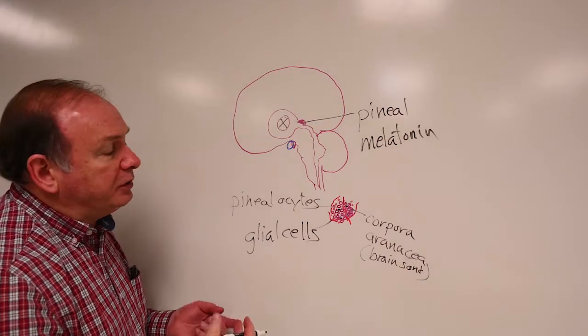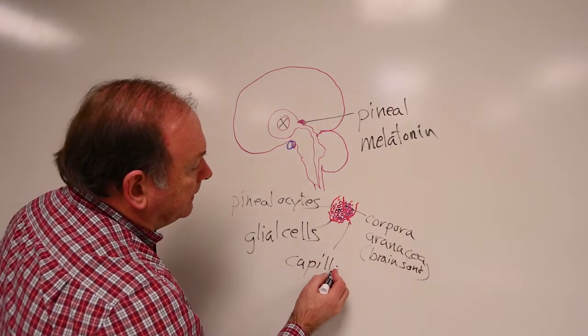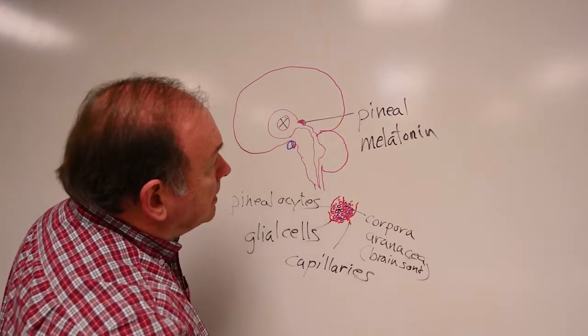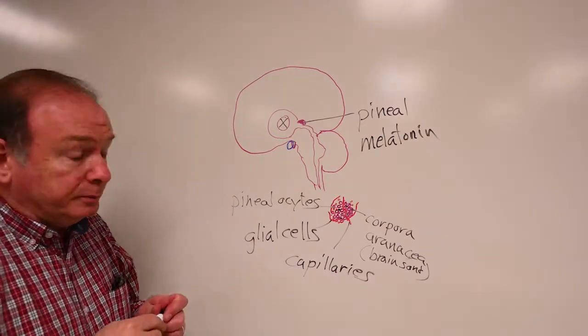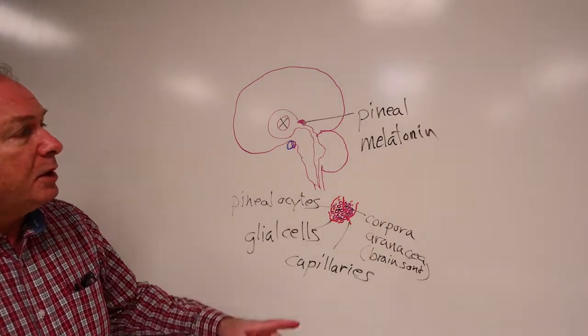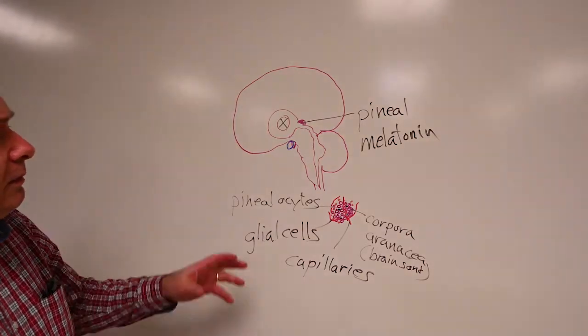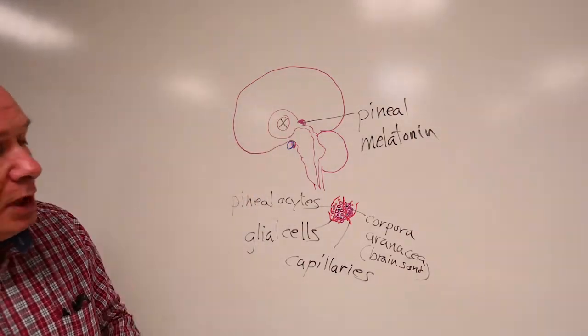Sometimes they're called interstitial glial cells, and capillaries that will carry that melatonin. So that's our pineal gland. It's called pineal because it's kind of shaped like a little pine cone structure. That's the origin of the name, a pine cone shaped structure.